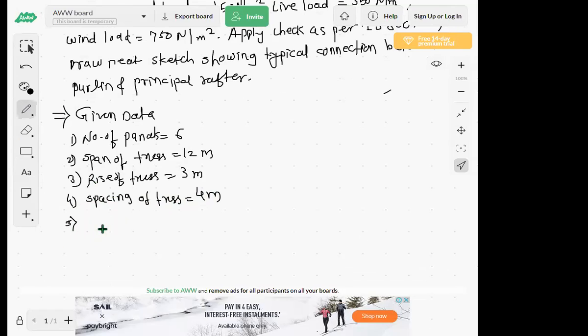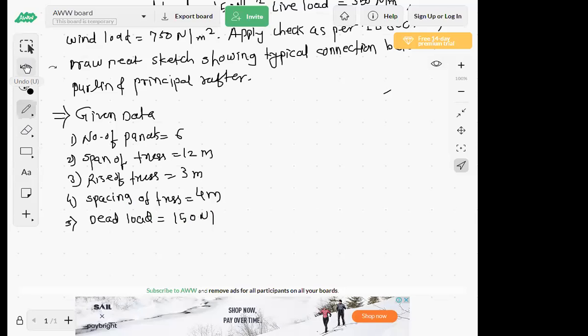Then fifth, they have given dead load through the above structure, that is 150 newton per meter square.